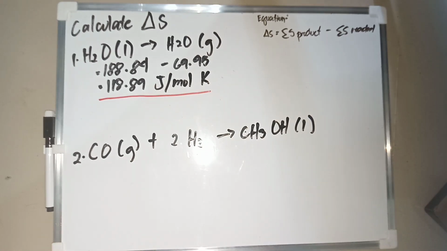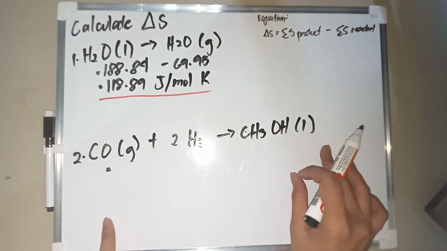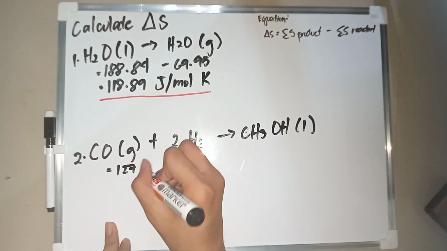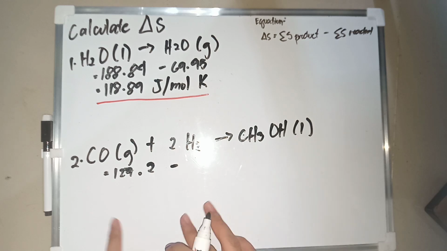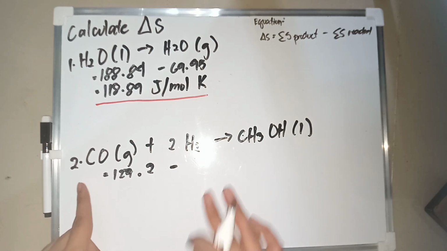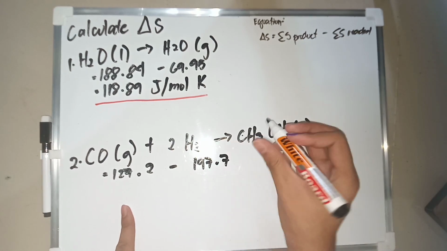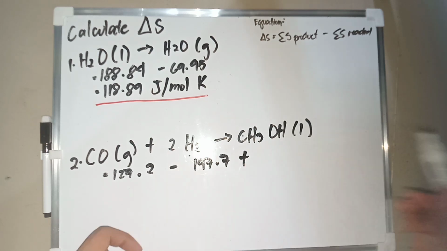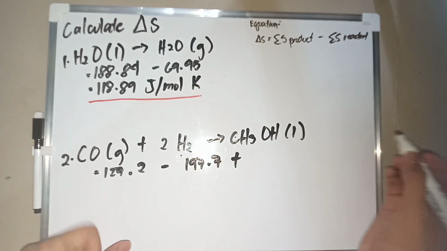Number 2. So number 2, we have our product CH3OH liquid. Its value is 127.2 minus the value of our CO gas, which is 197.7, plus we have 2 molecules of hydrogen, meaning we would need to multiply.